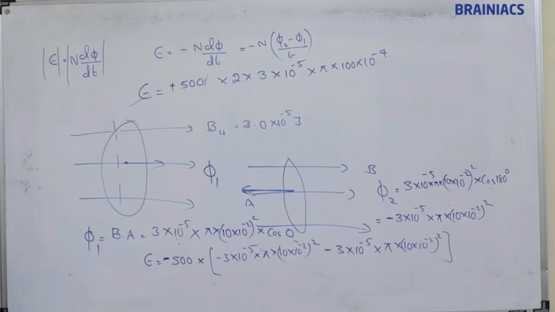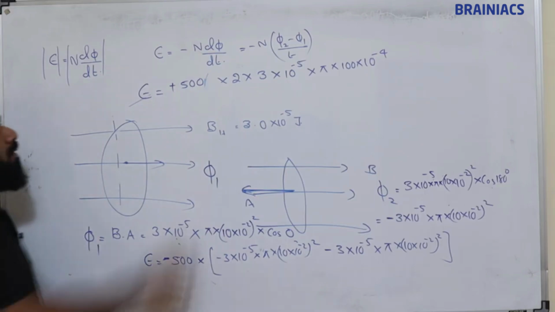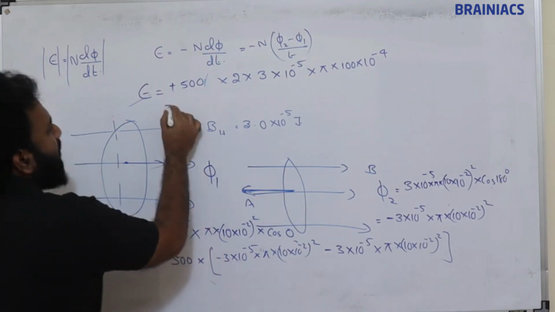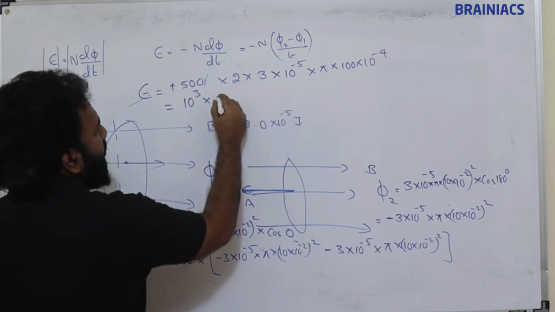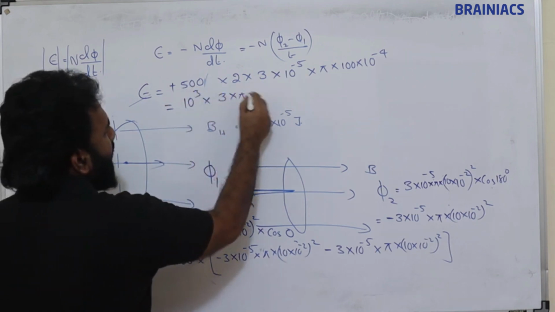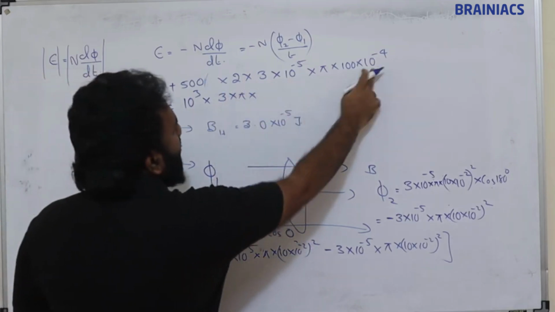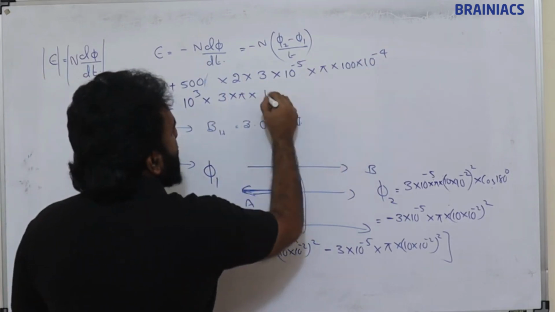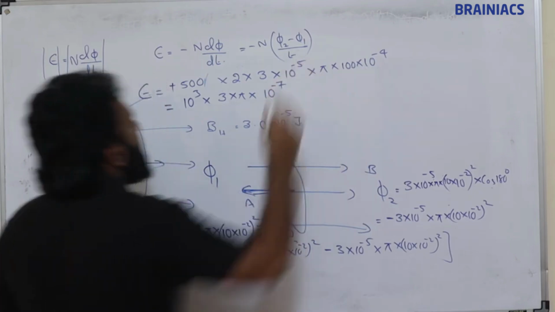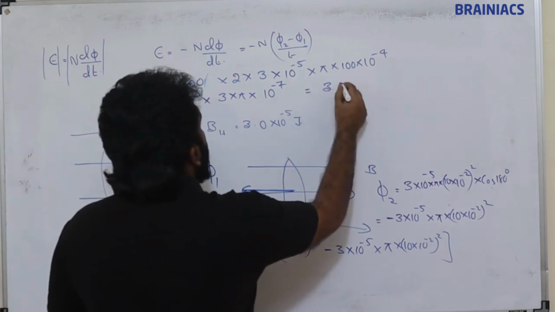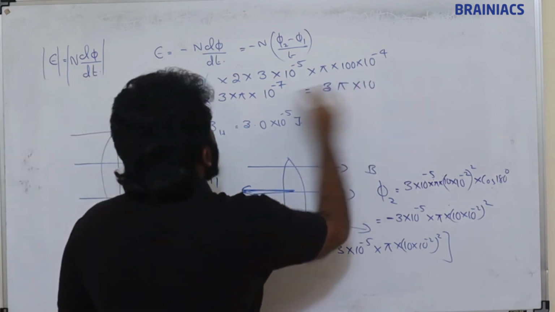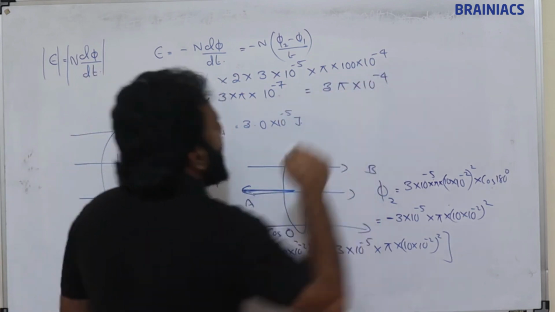This will become 1000, that is 10 raised to 3. Now this is 3 into pi into 10 raised to minus 2, which will become 10 raised to minus 7. So we will be getting 3 pi into 10 raised to minus 4.